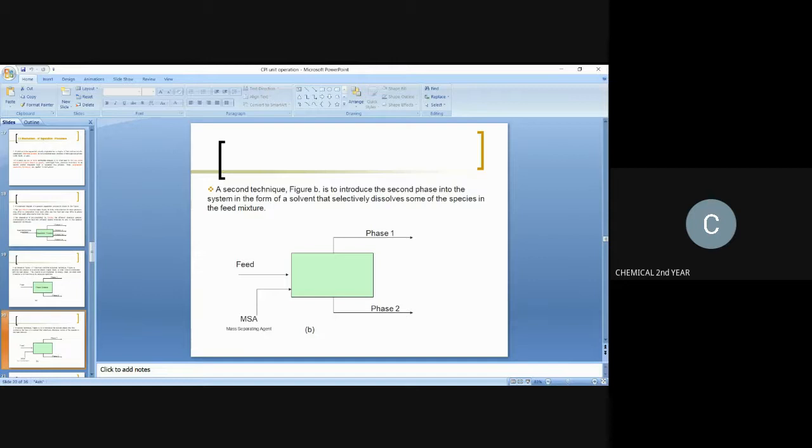The second technique is to introduce the second phase into the system in the form of a solvent that selectively dissolves some of the species in the feed mixture. If we are adding that mass separating agent, our feed will get converted into phase 1 and phase 2.